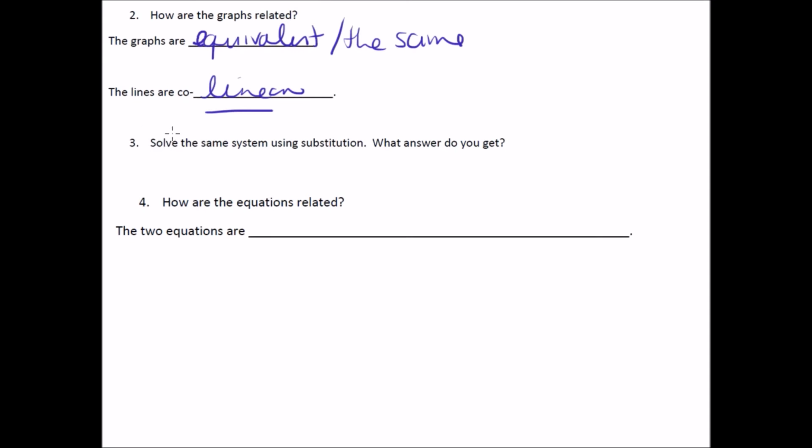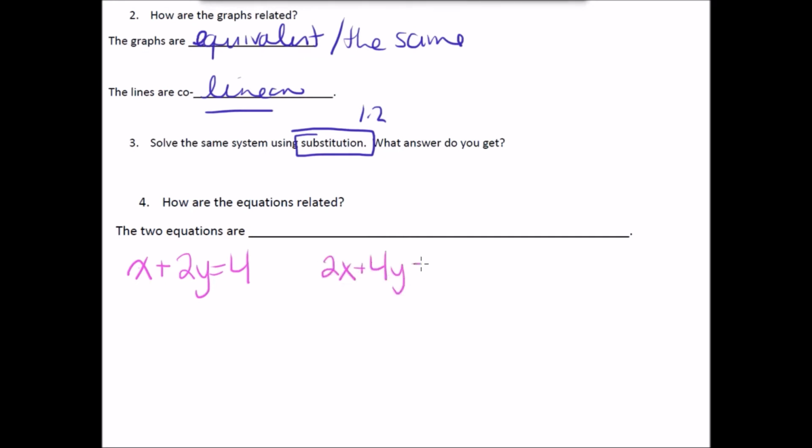Okay, so now let's solve the same system by using substitution. We learned substitution in 1.2. So let's solve that using substitution and see how that looks. The two equations are x plus 2y equals 4, and then we have 2x plus 4y equals 8.